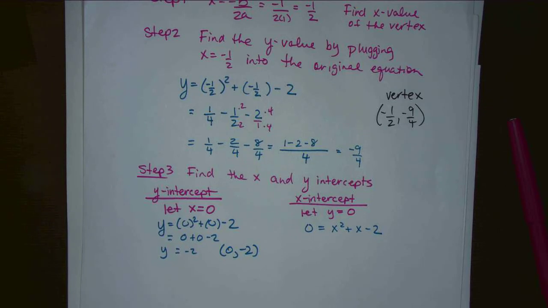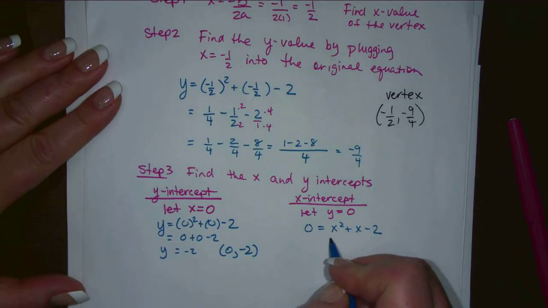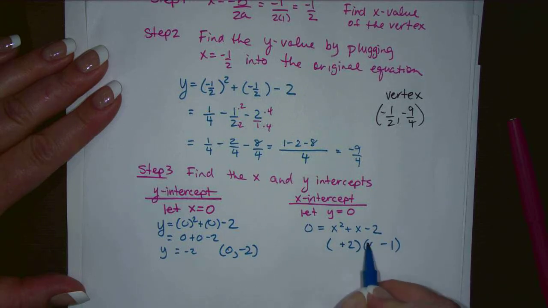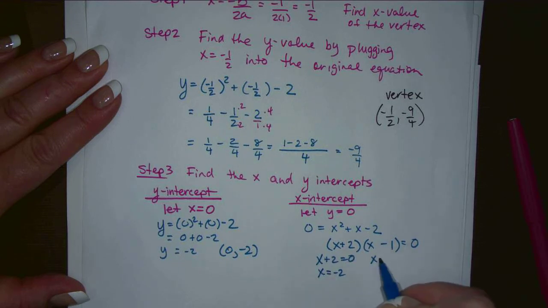So, does this factor? Yep. Plus 2 minus 1. So we get x plus 2 equals 0 is minus 2, and x minus 1 equals 0 is 1. What does this tell us when we got two values?